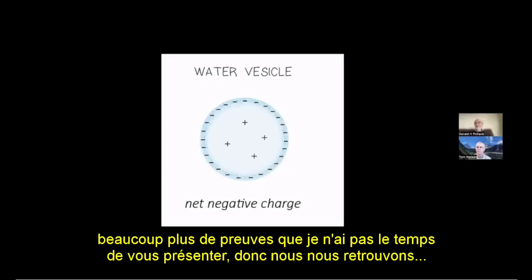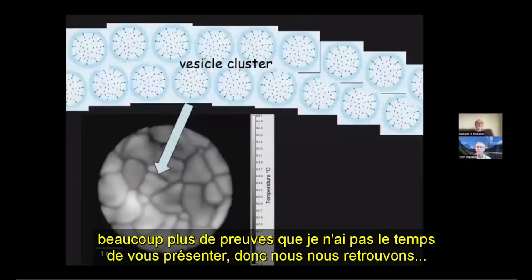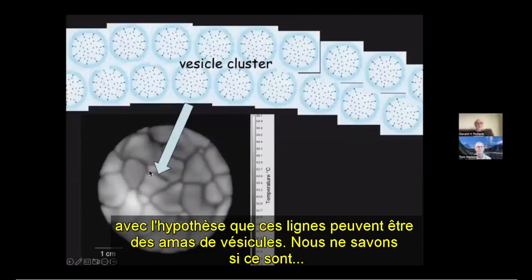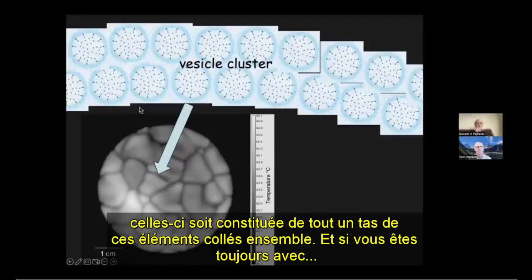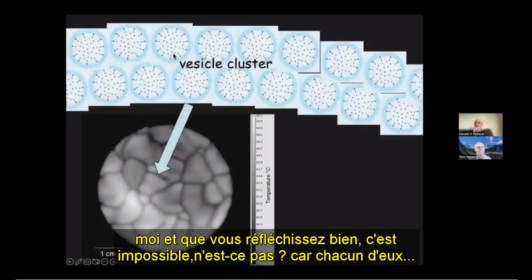Obviously, there's a lot more evidence that I don't have time to present to you. So we then wind up with a hypothesis that these lines may be vesicle clusters. Again, we don't know droplets or bubbles. We can't make that judgment, but it looks like a line of these consists of a whole lot of these stuck together. And if you're still with me, you're thinking, well, this is impossible, right?